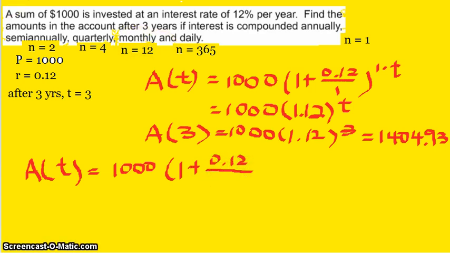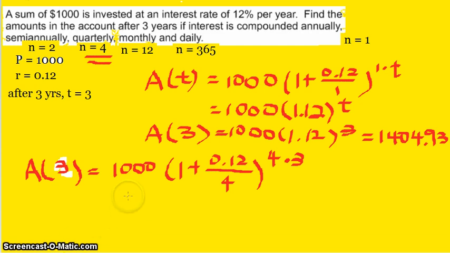Now let's do the one with quarterly, where n is equal to 4. I'm just going to skip the semi-annually. So I do this 4 times a year, and my n is equal to 4 times t. Let's just do 3 right away. So here I will also have 3. My t is equal to 3.